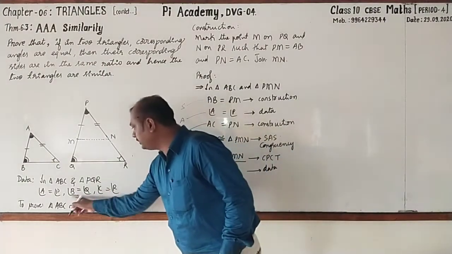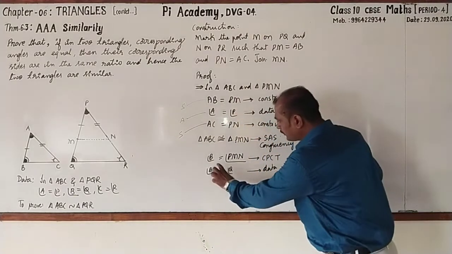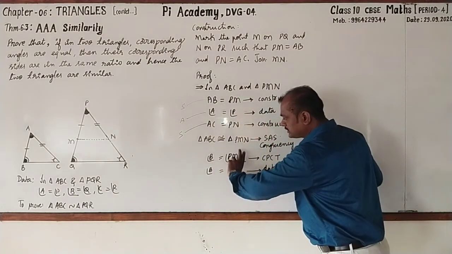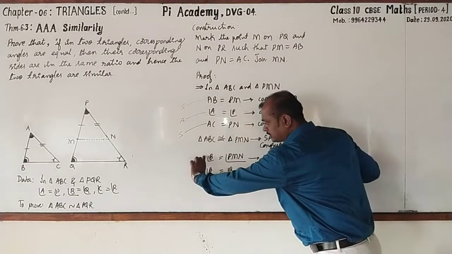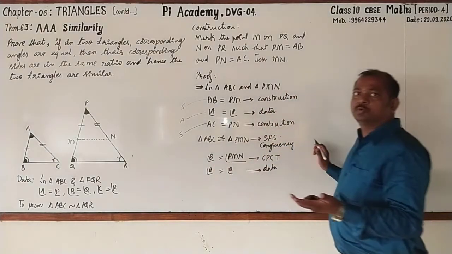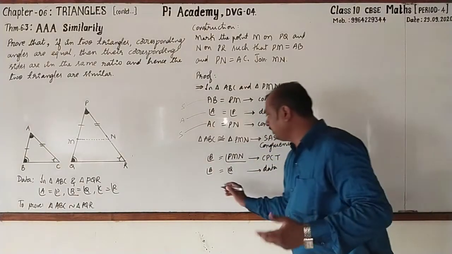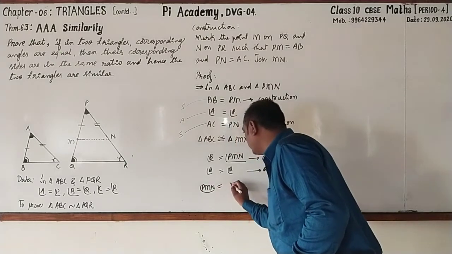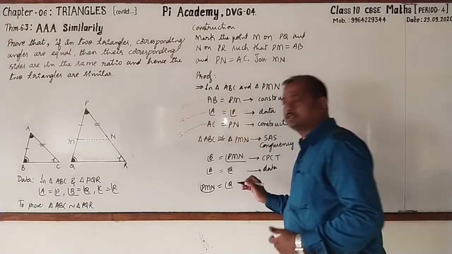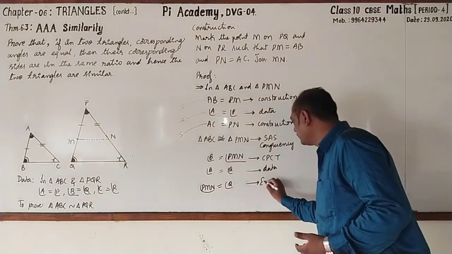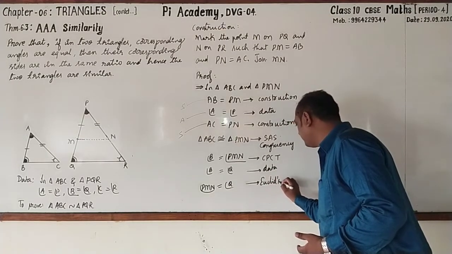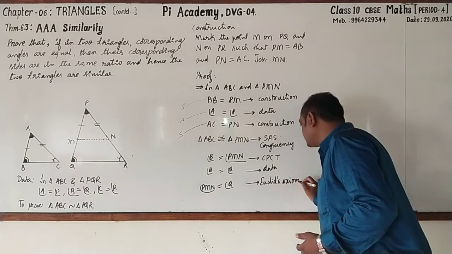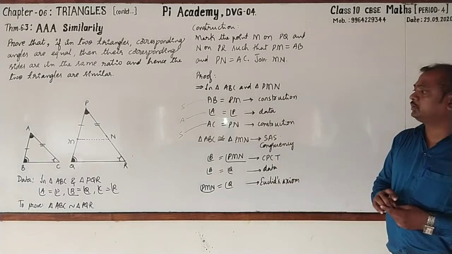Look here, angle B equals angle Q. From these two statements, these are two things which are equal to the same thing, so they are equal to one another. So can we write angle PMN is equal to angle Q? Yes. What is the reason? From Euclid's axiom, that is, things which are equal to the same thing are equal to one another.